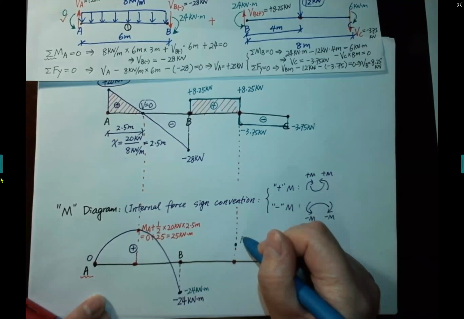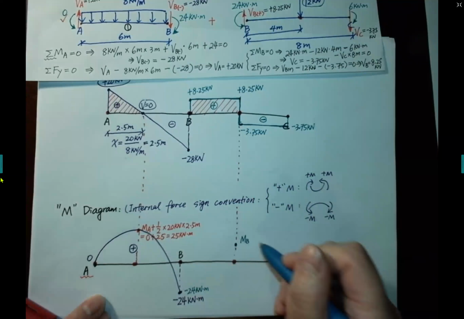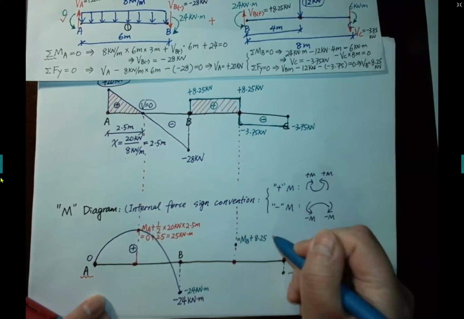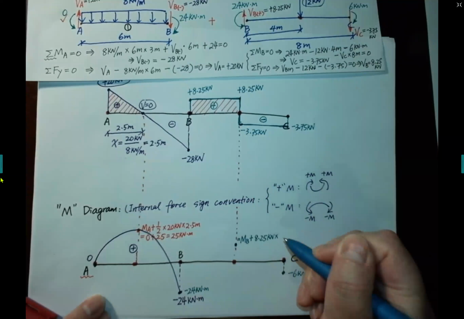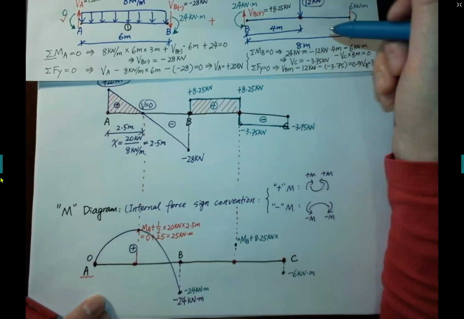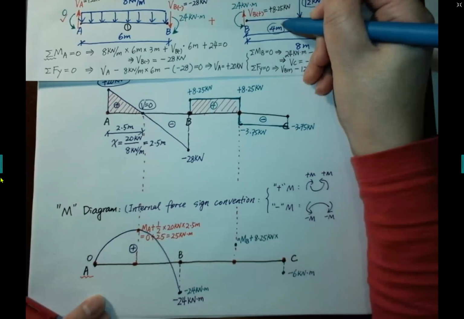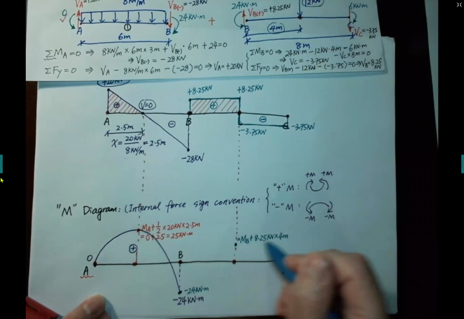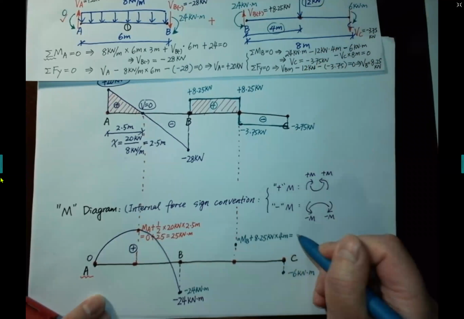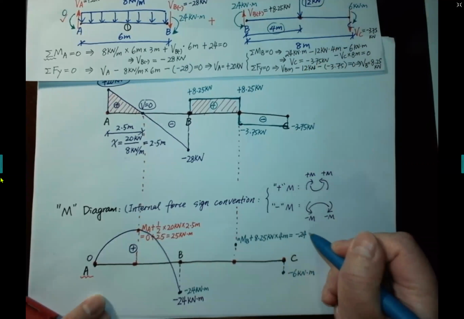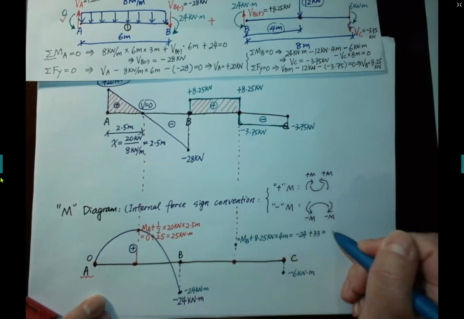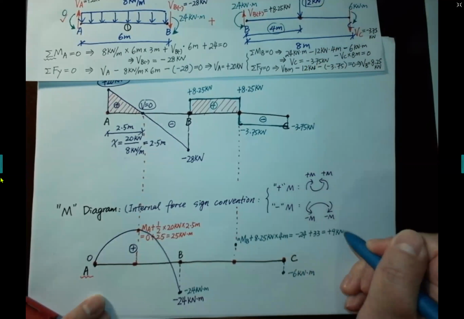It equals MB plus 8.25 kilonewton times the distance of 4 meters. So equals negative 24 plus 33, and equals positive 9 kilonewton meter.